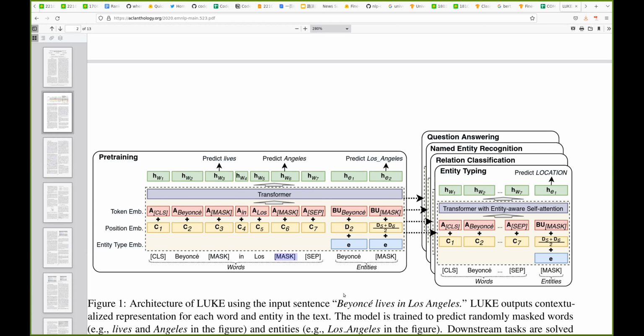When it uses this model to do named entity recognition, you can read this paper, it masks out only one word in the sentence each time. For example, for the sentence Beyonce lives in Los Angeles, it will mask out one token each time and put the mask in here. It wants this model to make a prediction.